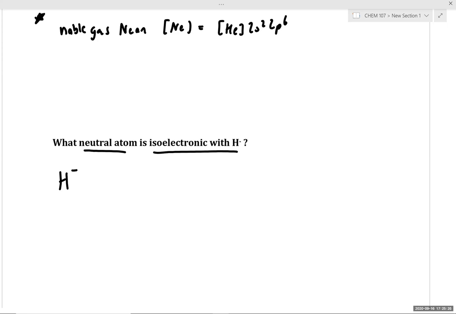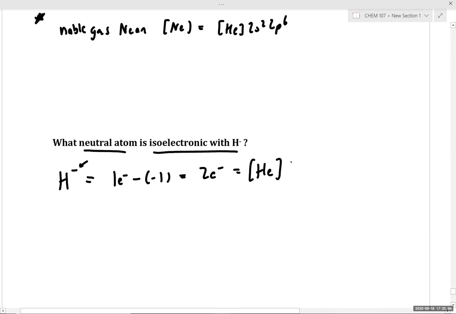So we're starting to see a pool of responses. So let's talk about this. For H minus, we initially have 1 electron, we then subtract the charge of -1, and that gives us 2 electrons total. And the element with 2 electrons is helium.